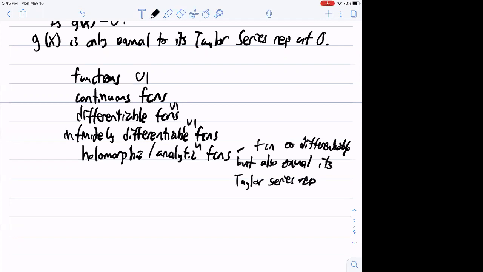There's a whole theory studying these functions. If you're interested, take complex analysis, where they study holomorphic, analytic functions. Anyhow, for those interested.